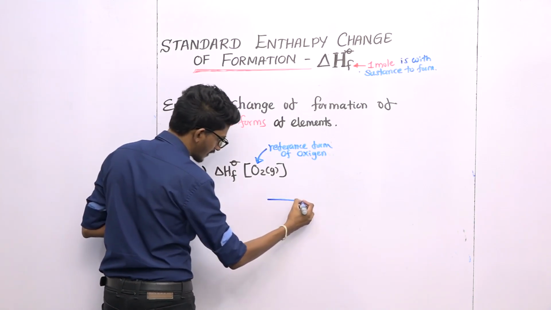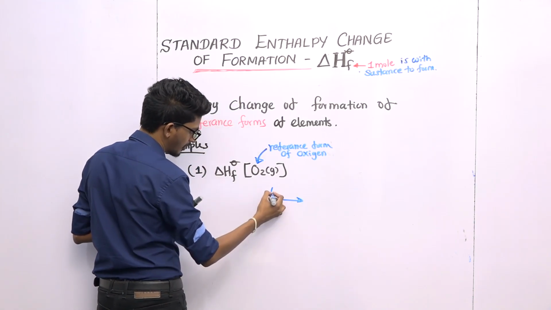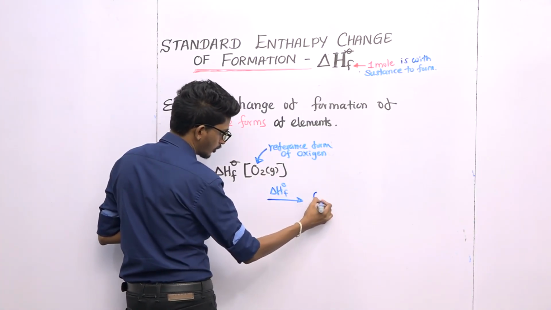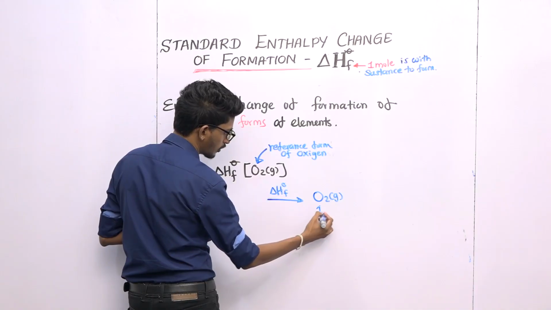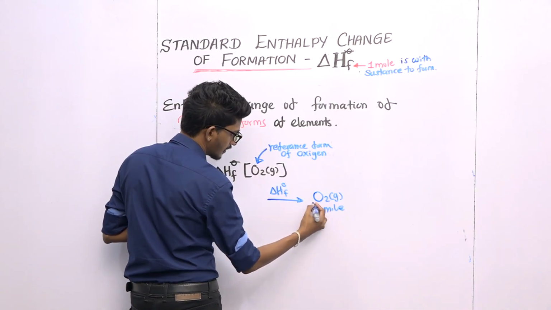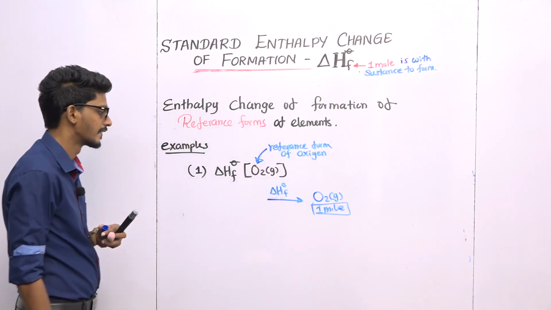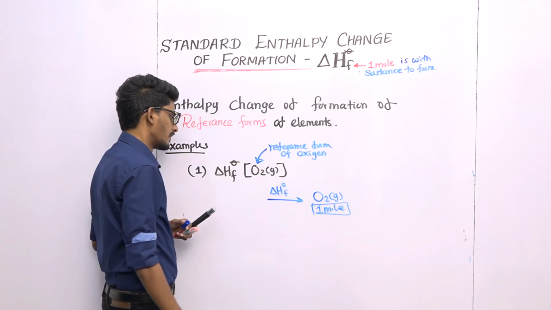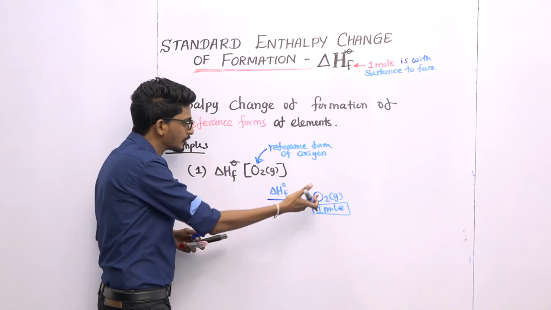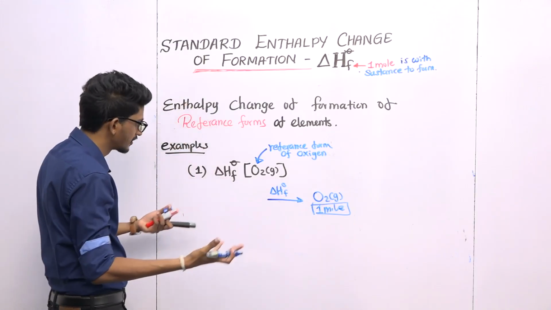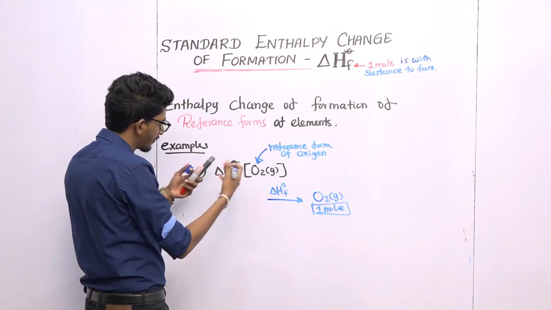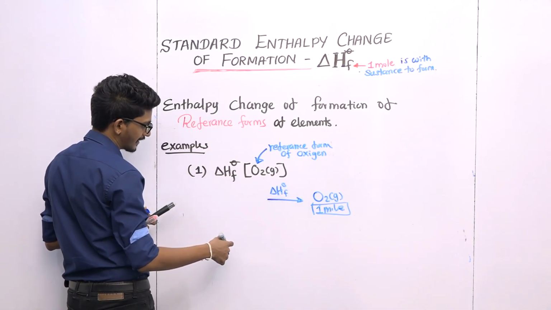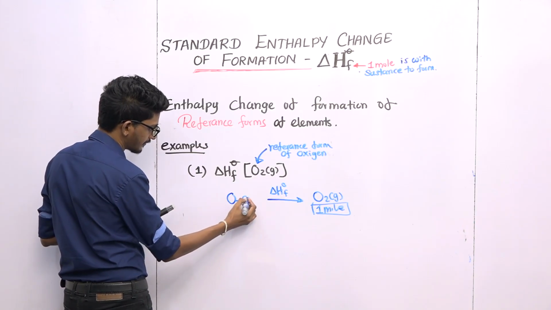We can write the thermochemical equation for the enthalpy change of formation of O2 gas. You have to produce 1 mole of O2 gas starting from the reference forms of the constituent elements. What is the constituent element of O2 gas? It is oxygen. So you need to start from the reference form of that, and the reference form of oxygen is oxygen gas, O2 gas.